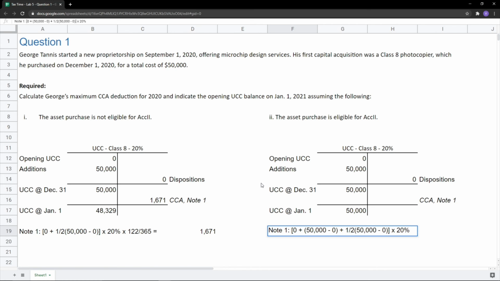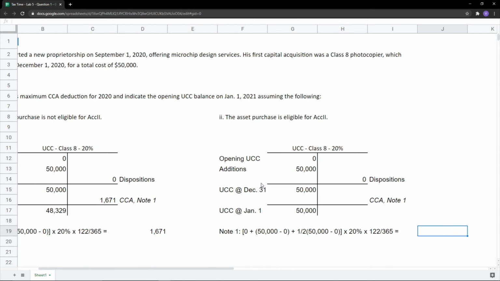And then, because this is a short fiscal year, we would prorate for the number of days in the fiscal year. If we do all of that, we should get $5,014 rounded. Which leaves us with an undepreciated capital cost of $44,986 on January 1st.